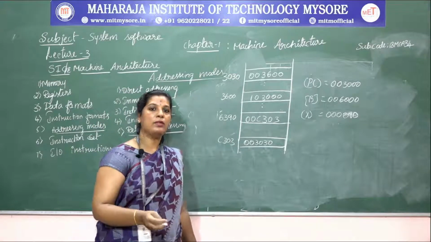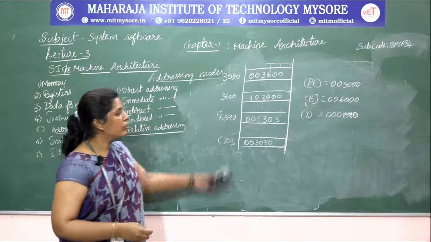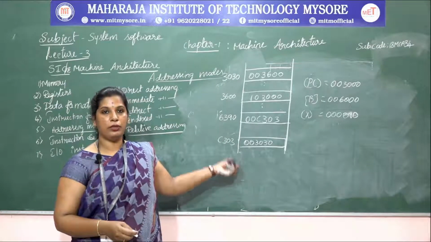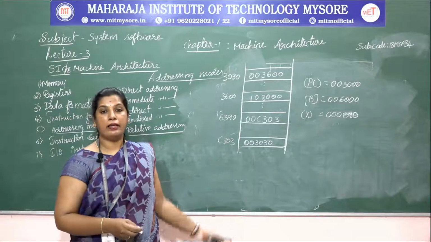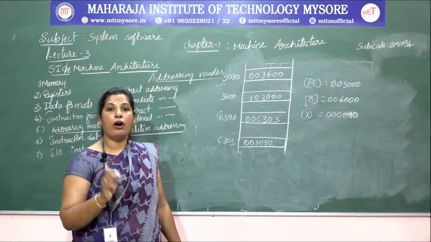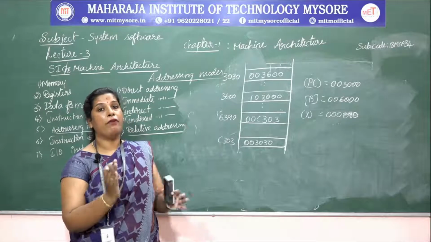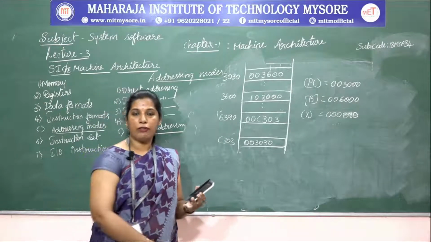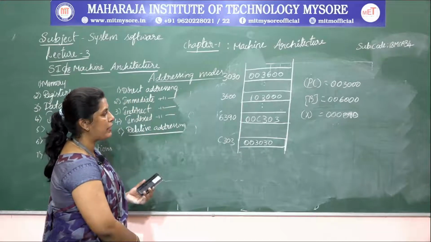For the exam, they will give some object code. You have to decode it, then find the target address. After that, you have to find out which value is going to be loaded into the memory variable or some register. For that purpose I have taken this kind of example here.